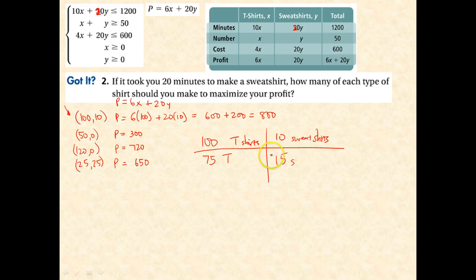But I think what happened is we freed up so much time with the sweatshirts that we could make more money off the t-shirts by making more t-shirts. So this is our optimum. Sometimes it doesn't work out the way you think, right? Getting better at sweatshirts actually just helped us sell more t-shirts.